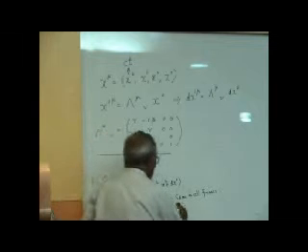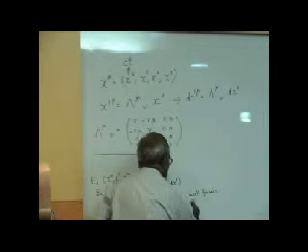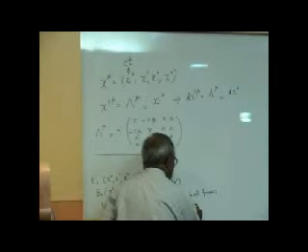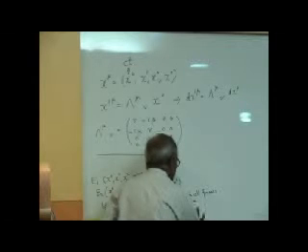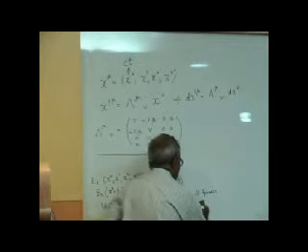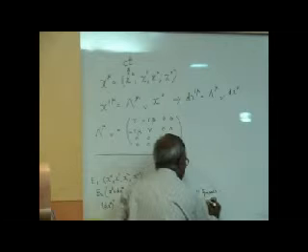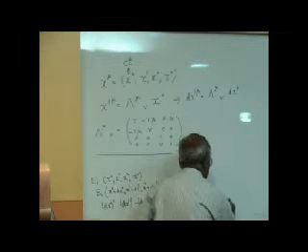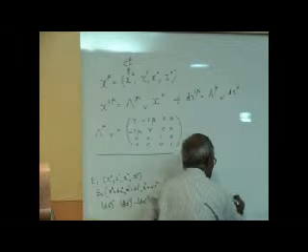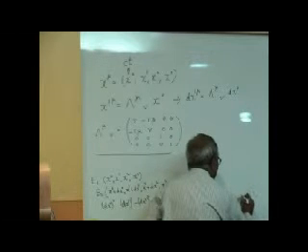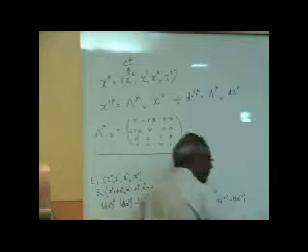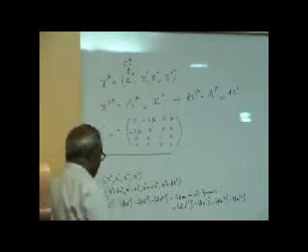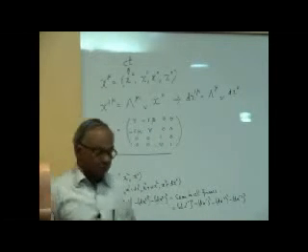So this is equal to dx prime 0 squared minus dx prime 1 squared minus dx prime 2 squared minus dx prime 3 squared. So this does not change.